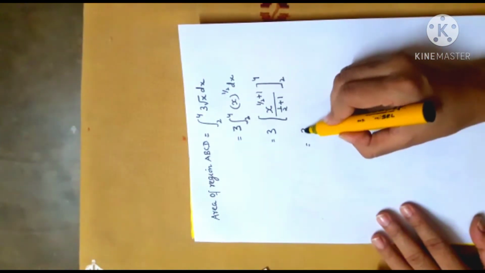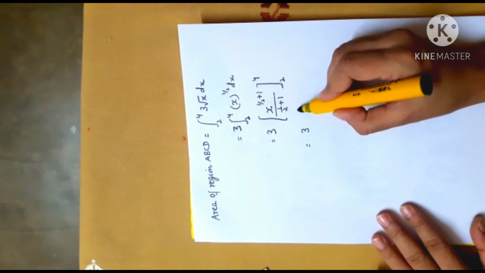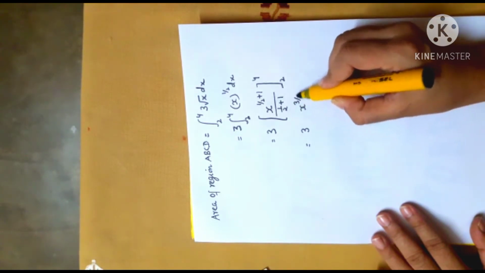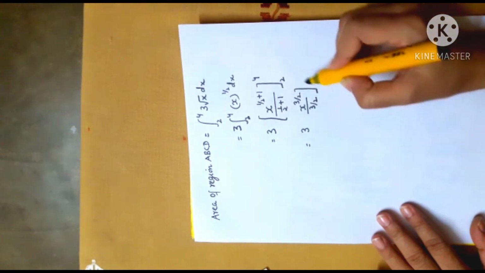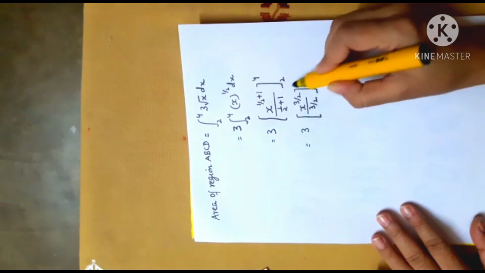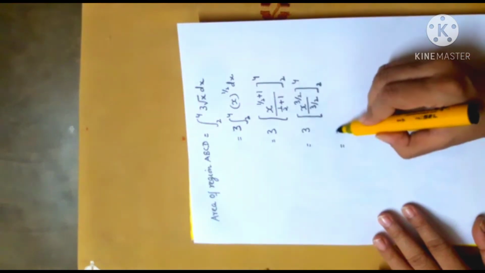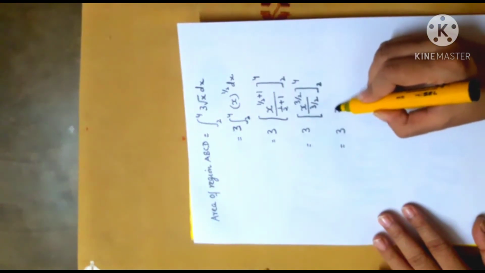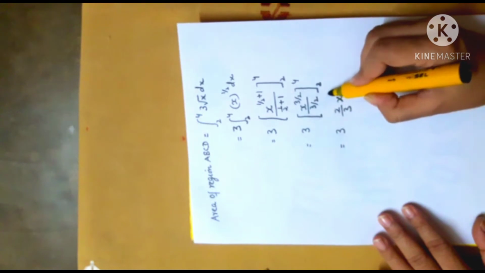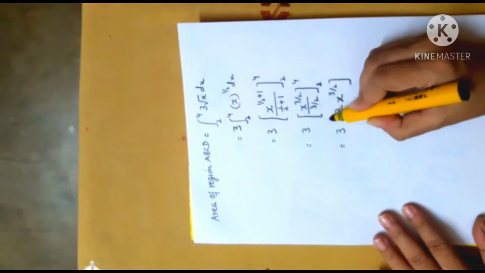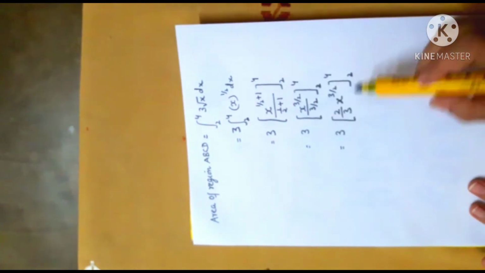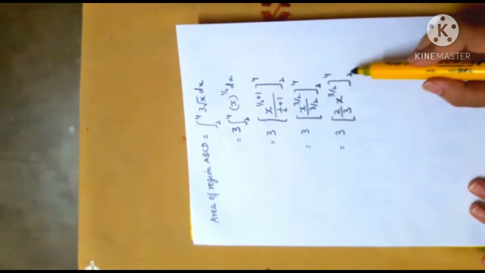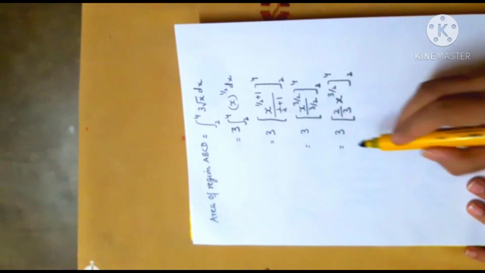So here I'll get 3 times x raised to the power 3 by 2 over 3 by 2 within the limit 2 to 4. So it will be 3 into 2 by 3 into x raised to the power 3 by 2 within the limit 2 to 4. Now this is equal to the value at the upper limit minus value at the lower limit.